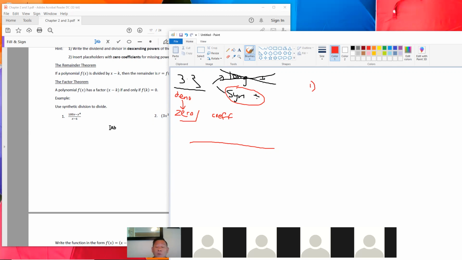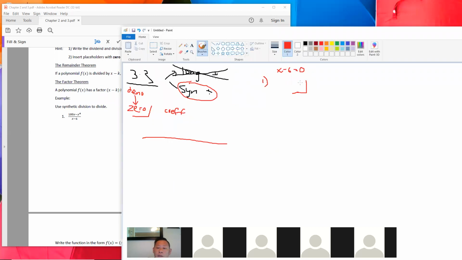Question number 1 is 180x minus x^4 divided by x minus 6. In order for us to figure out what number to put in here, you take your denominator and make it equal to 0. So x minus 6 equals 0. What is x going to be in this case? 6. The next thing is you look at the top one and put your coefficients here.